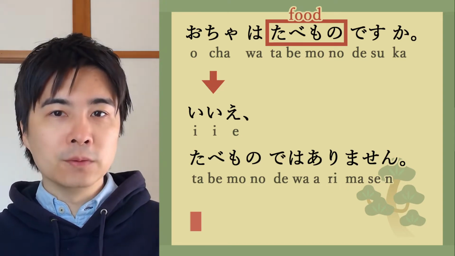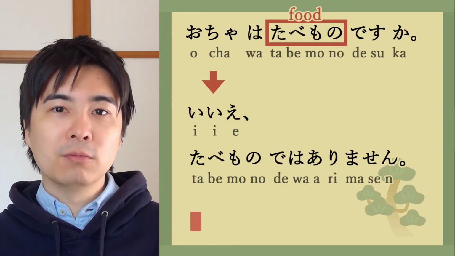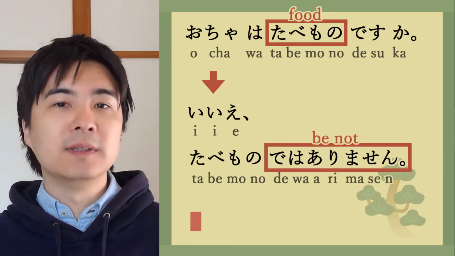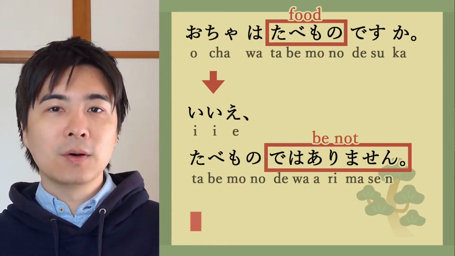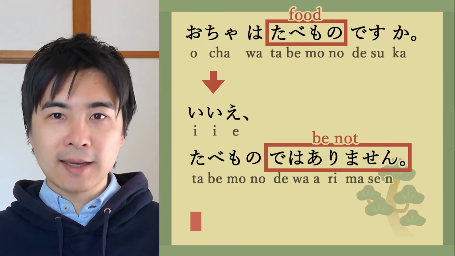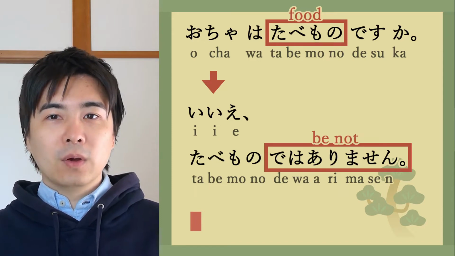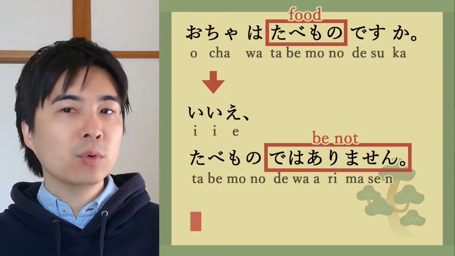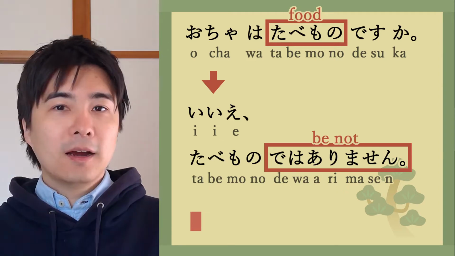Since it's not food is a negative sentence, we use ではありません instead of です。So we say いいえ、食べ物ではありません。How was it?